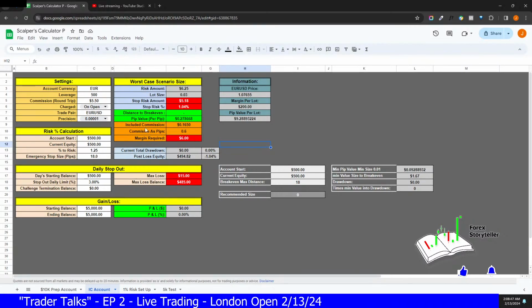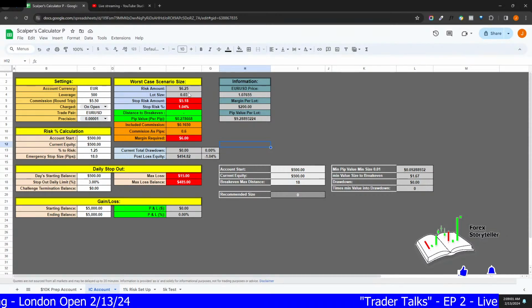I've got it bumped up just a little bit because it was around $3 and some change for the stop amount, and I felt like that little 0.04% is going to make a big difference in the forward motion. Maybe not so much in the backwards motion because 1% is actually $5. So I've made that small adjustment to make up for that, and we're rolling with 550 on our commission.